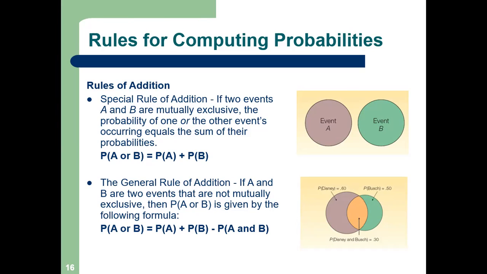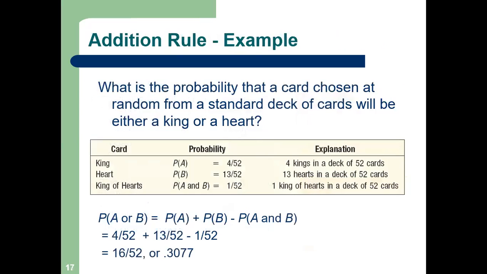This is the probability of these two events occurring at the same time. I will explain it later with an example.